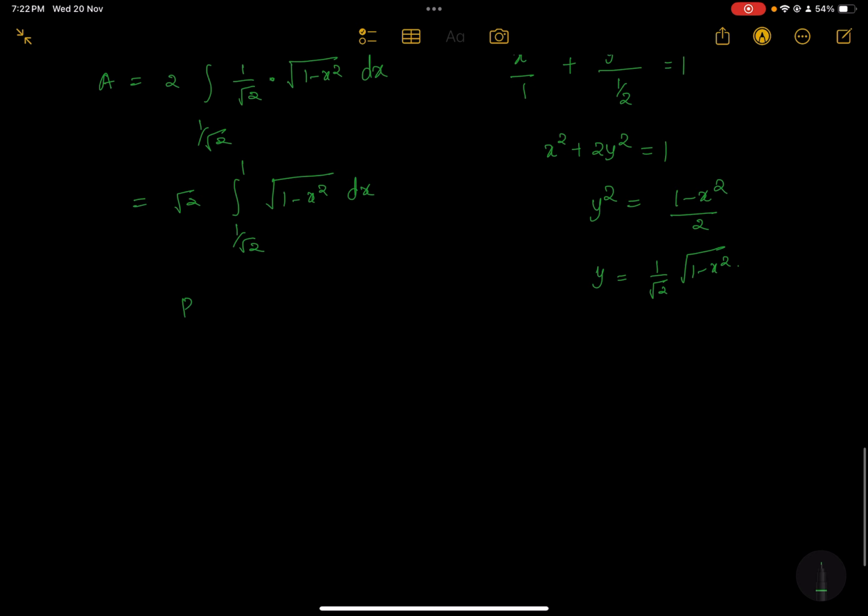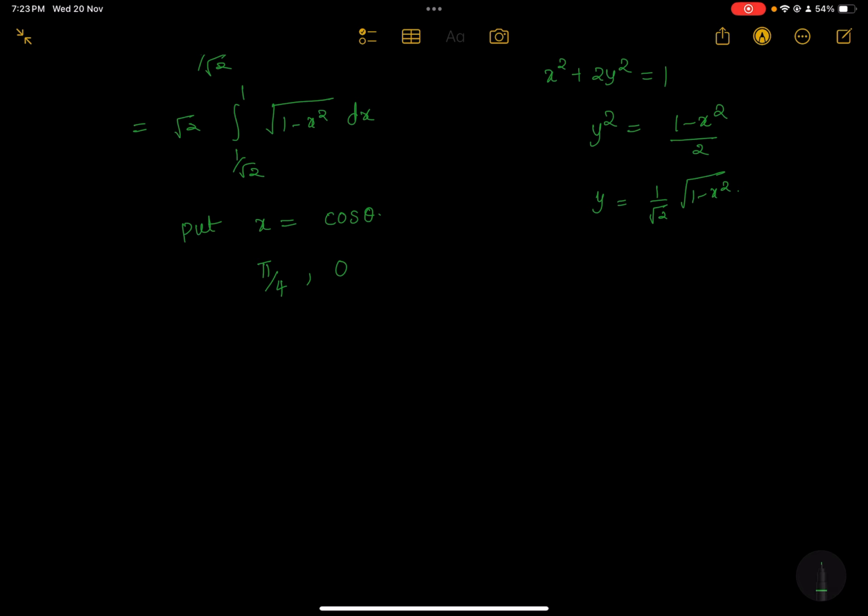Now put x is equal to cos theta. Then the lower limit will be pi by 4, that is 45 degrees, and the upper limit will be 0. Correct? So x is equal to 1 by root 2, then theta is pi by 4; x is equal to 1, theta is 0. Now dx is minus sine theta d theta.